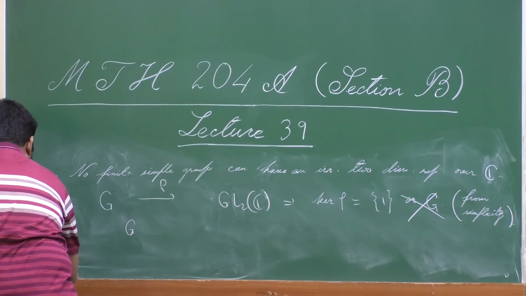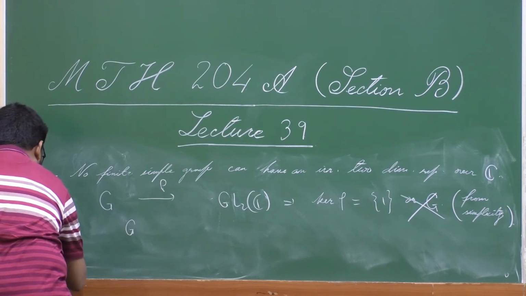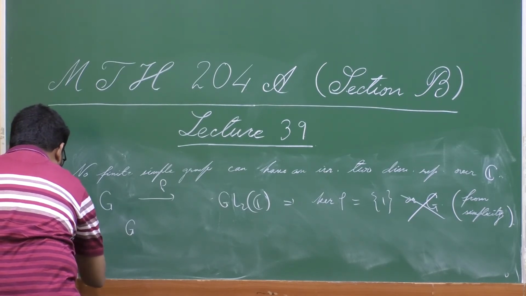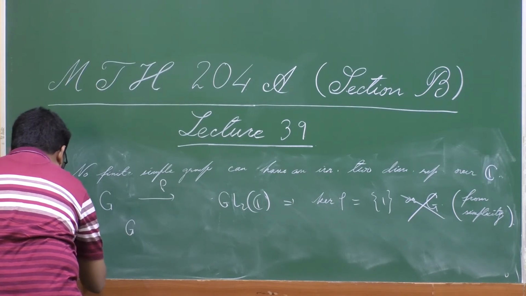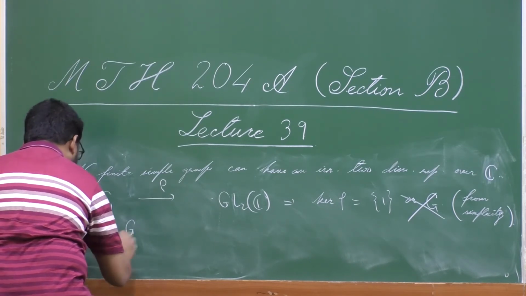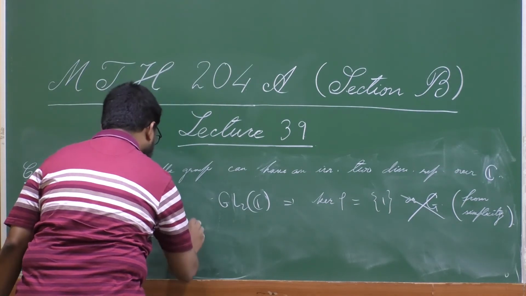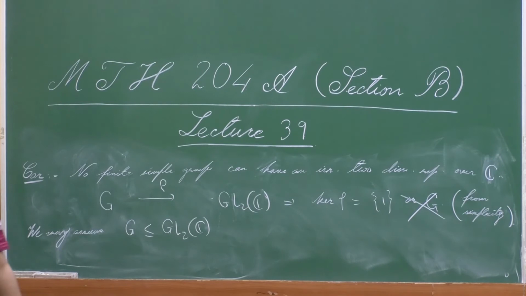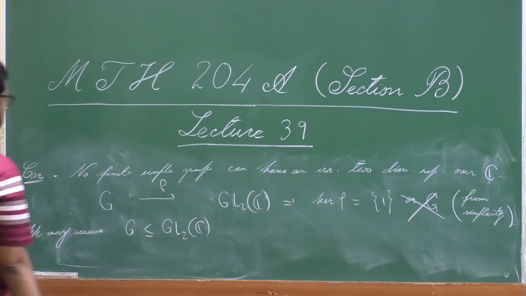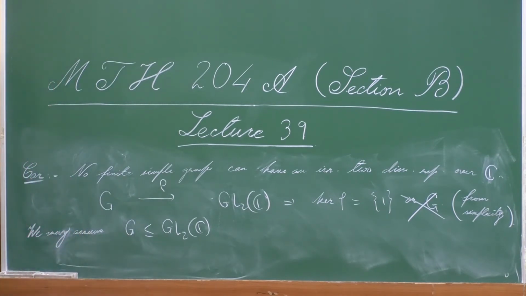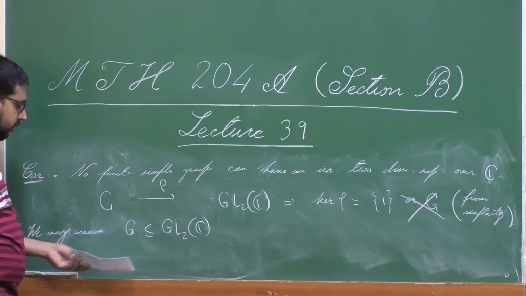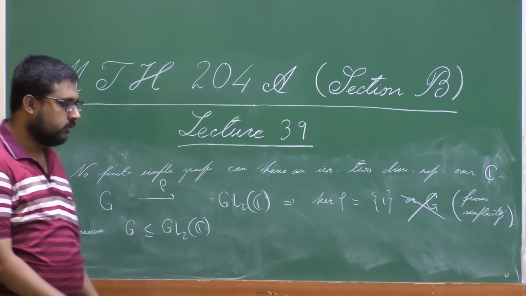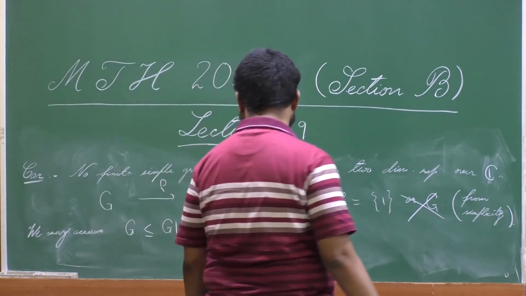We may assume G is a subgroup of GL2C, because instead of G we are taking rho(G), which is isomorphic to G. If I can arrive at a contradiction for rho(G), that serves our purpose. So we can simply assume G is a simple subgroup of GL2C.